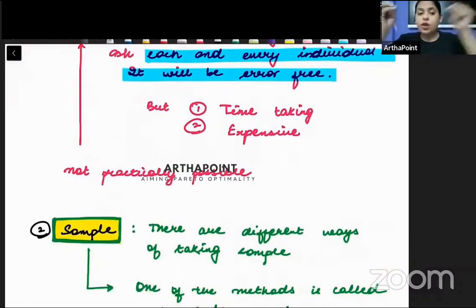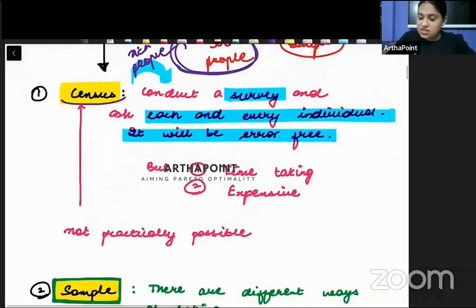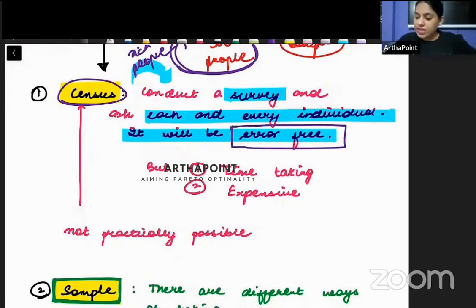And therefore, when you talk about census, that means when you collect information from all the people, जब आप पूरा पॉपुलेशन का बात करते हो, जब आप सेंसस से इंफॉर्मेशन कलेक्ट करते हो, we ensure that that is error free. ये हमें गारंटी हो जाता है that because I have collected data of the entire population, मैंने सबको ही ले लिया है, there is no reason why I will make an error and it will become error free.